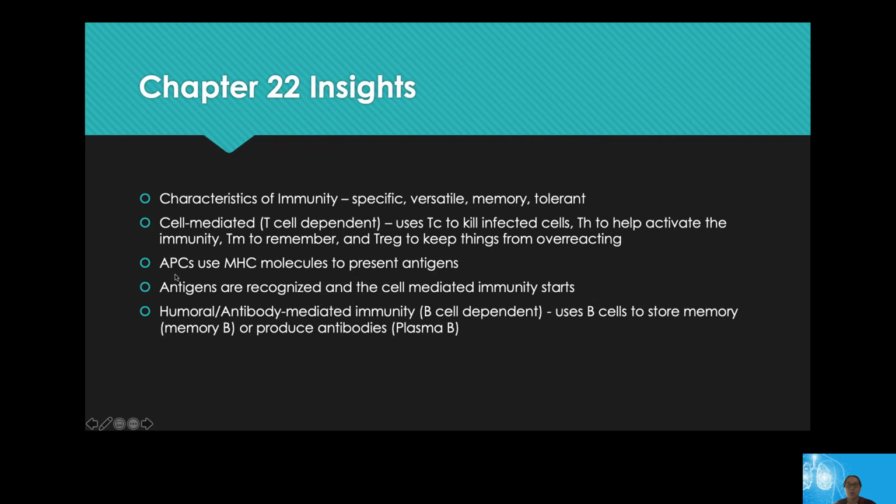So starting with the use of antigen presenting cells and MHC molecules that present the antigens, they are recognized and the cell-mediated immunity starts. The cell-mediated immunity is triggered by the T cells themselves, and there are different types of T cells, 4 that we'll go through. Then the humoral antibody-mediated immunity is B cell dependent, which comes on a little bit after that initial response.